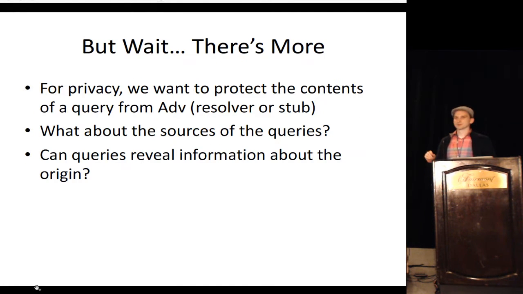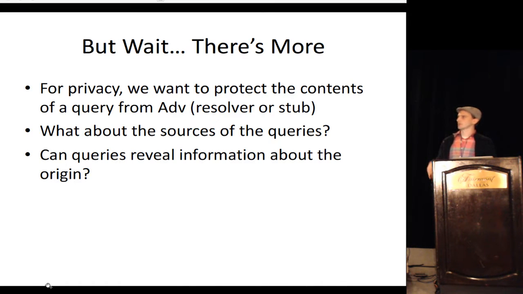But I'm also going to be talking about an orthogonal problem, that is client anonymity. For privacy, like I said, we're focused on the content of the query itself, but we also wanted to address the question of whether or not queries can leak information about the origin. So by examining queries, can you figure out who has been sending them and potentially mount some kind of attack on their anonymity?